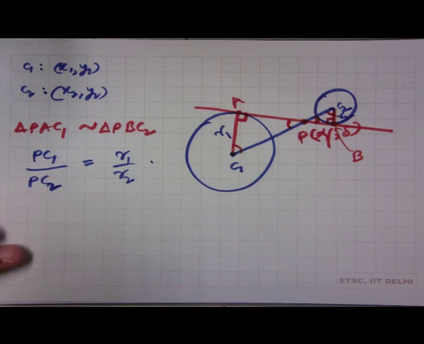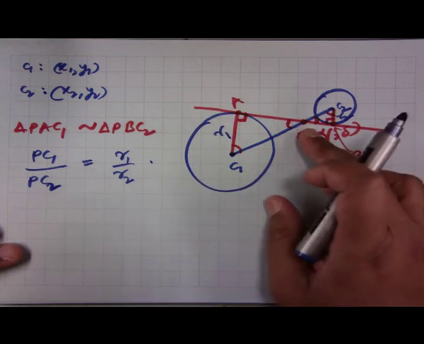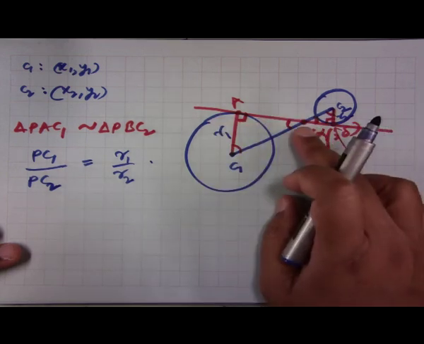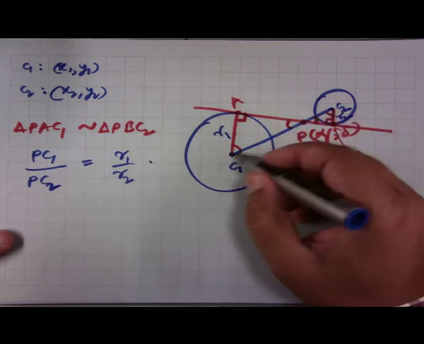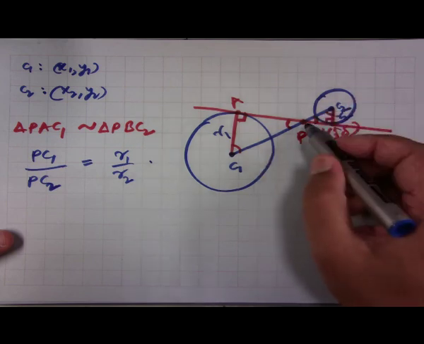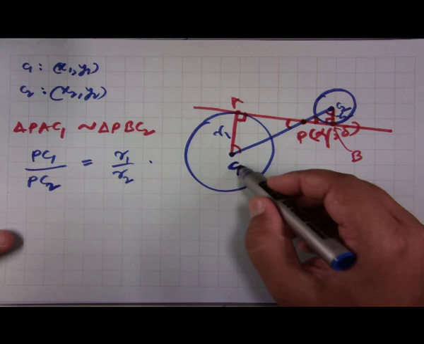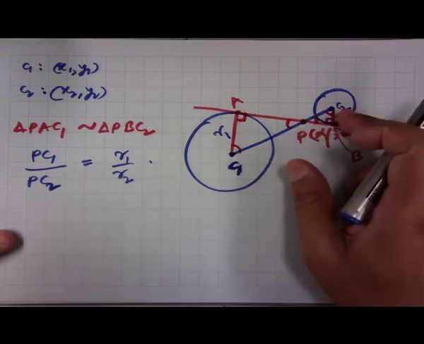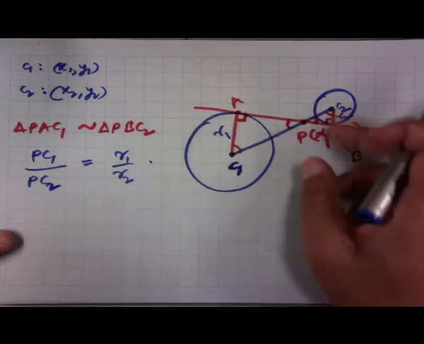Given this fact, what it means basically is that the point of intersection of the common tangent with the line joining the centers of the two circles divides the line joining the two centers in the ratio of the radii of the circles.